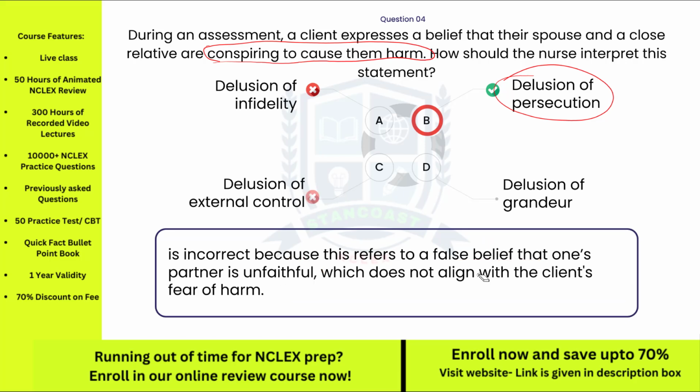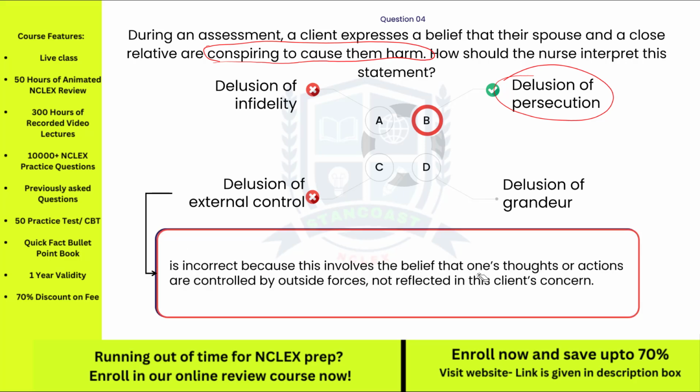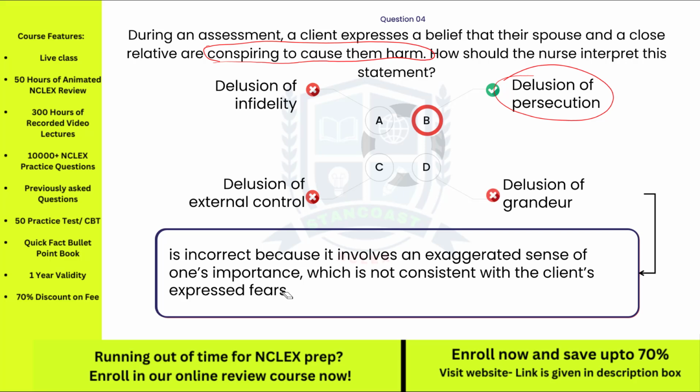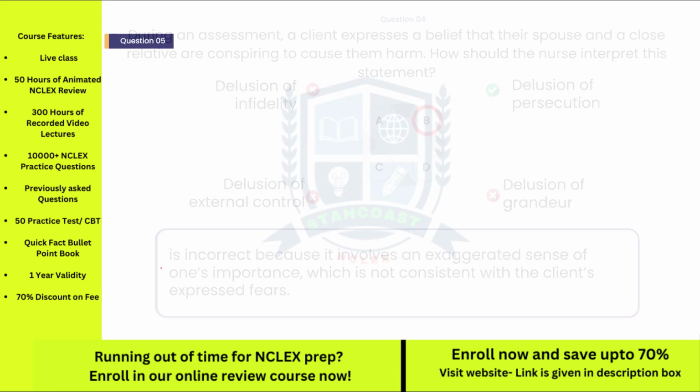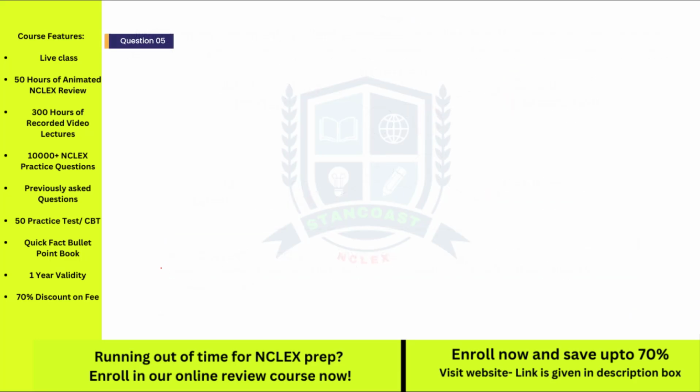Option C is incorrect because this involves the belief that one's thoughts or actions are controlled by outside forces, not reflected in this client's concern. Option D is incorrect because it involves an exaggerated sense of one's importance, which is not consistent with the client's expressed fears. Let's move to the next question, which has also been frequently asked.